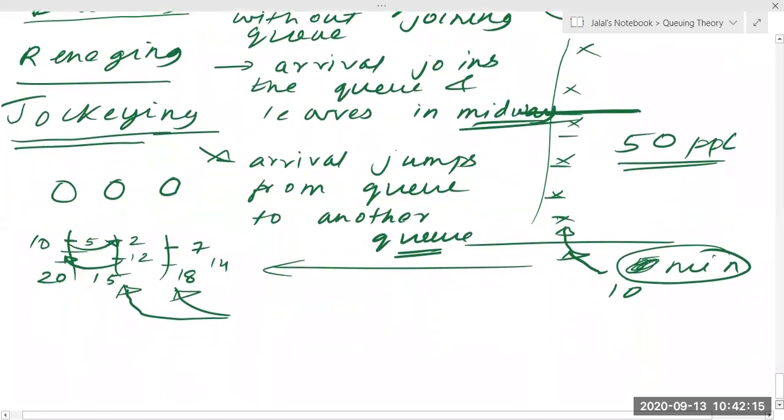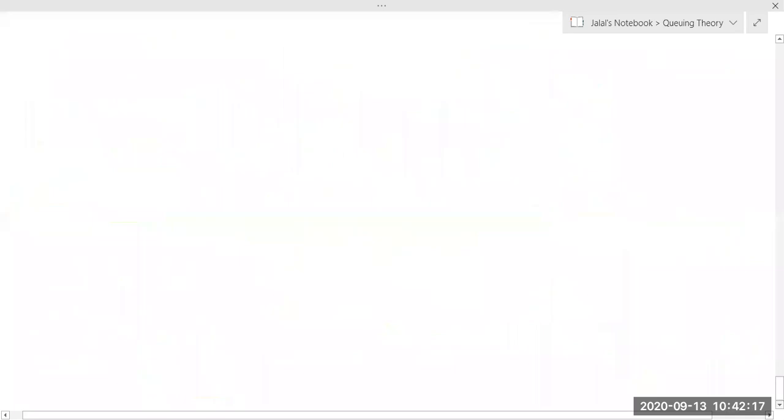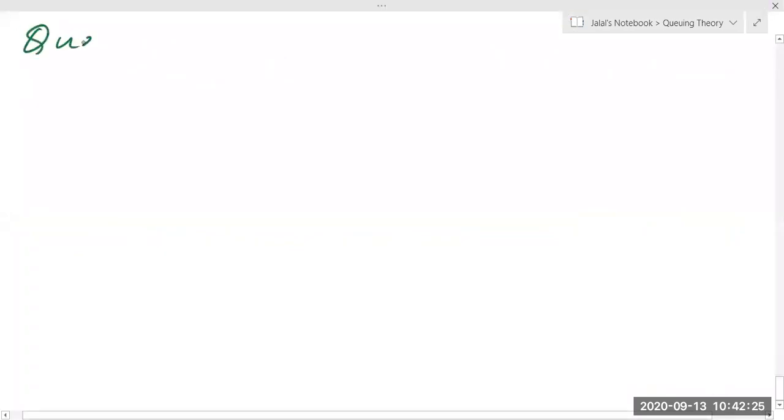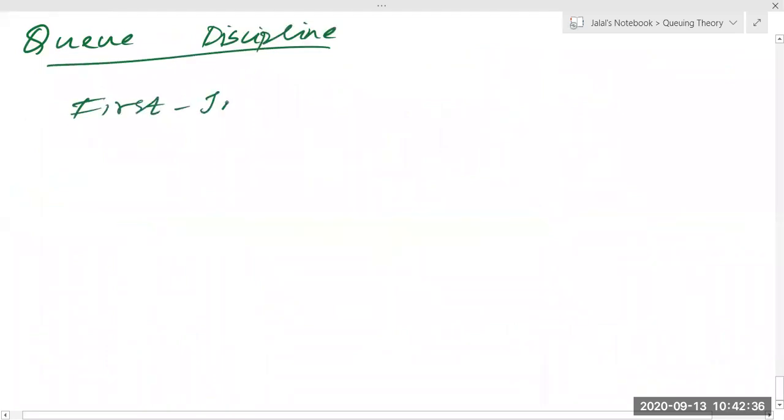Last basic concept before completing the theory part. The last important concept is queue discipline. This is very important. Queue discipline is first in, first out: the one who comes in first leaves out first.